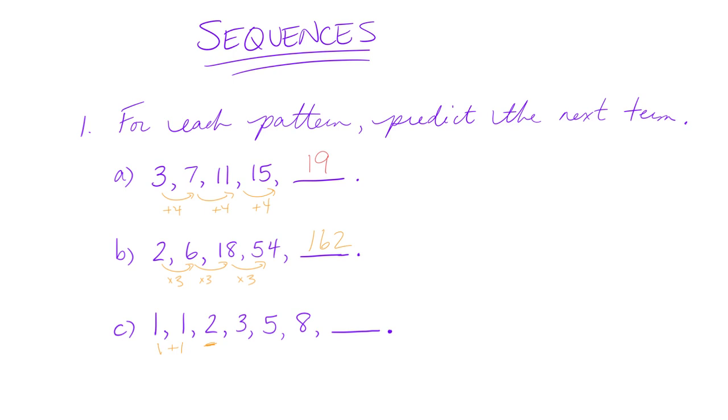If I then was to take a look at the next term, I would notice that 3 was made up of 1 plus 2. And if that pattern continues on, where we take the 2 previous terms and we add them together, then the way I get that blank spot, that open spot, would be to take the 2 previous terms and find their sum, and hopefully we came up with 13.